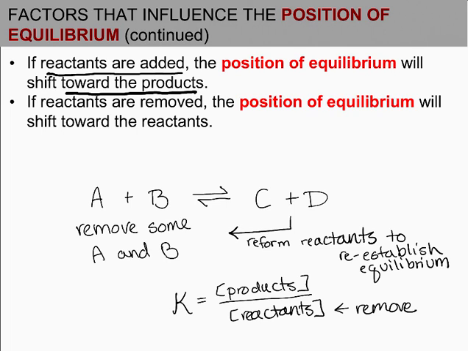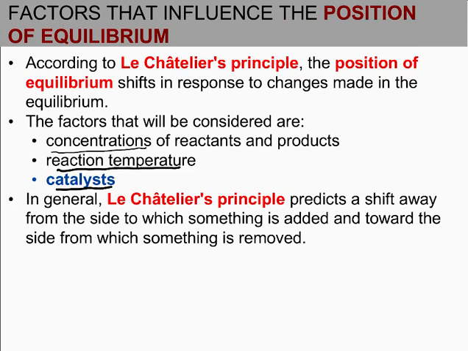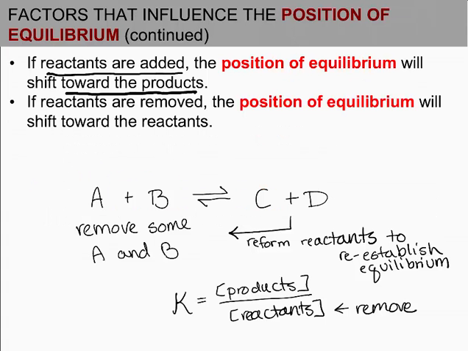So that again has to do with that last statement that we saw, where in general, Le Chatelier's principle predicts a shift away from the side to which something is added and toward the side from which something is removed. So we just saw that if we remove some of the reactants, the products want to reform some reactants. So the reaction's shifting back over to the left.